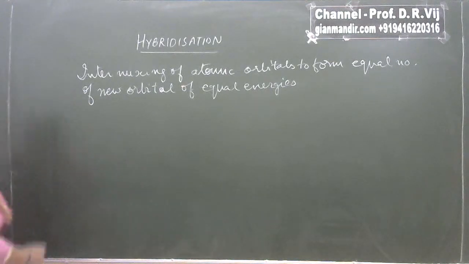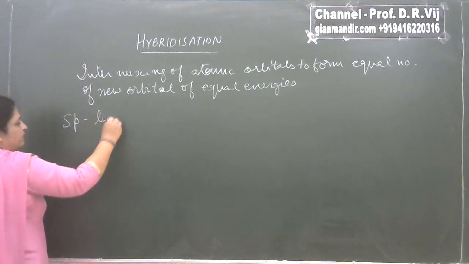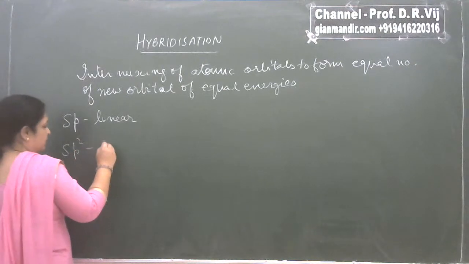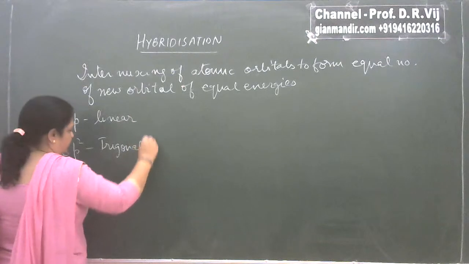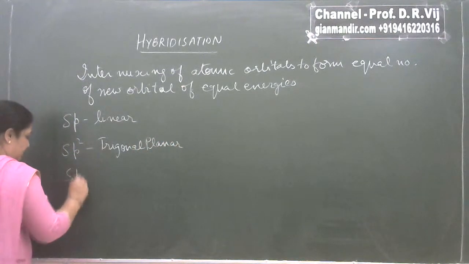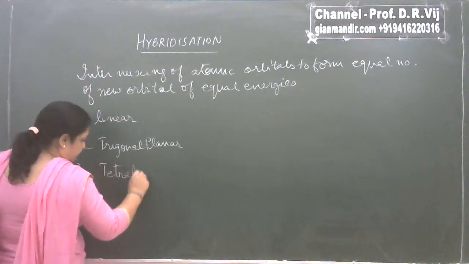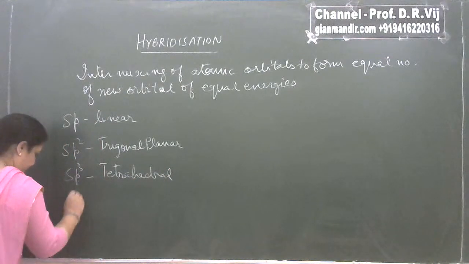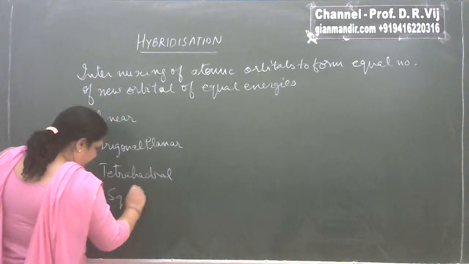How does it depend? If hybridization is sp, the shape is linear. If hybridization is sp2, then the shape is trigonal planar. If hybridization is sp3, then the shape is tetrahedral. If hybridization is dsp2, it is square planar.